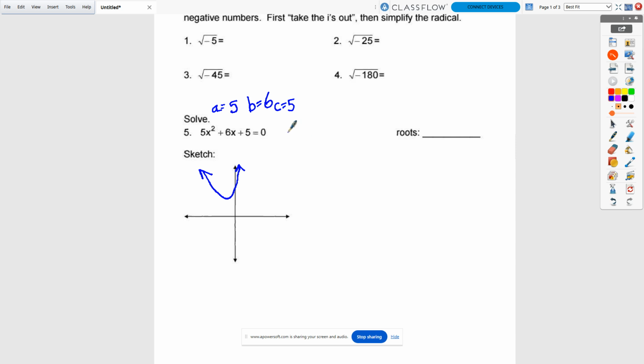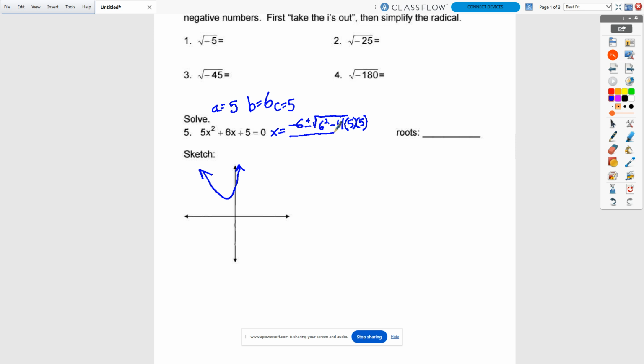So let's work that out and simplify it. x equals -b, so -6, plus or minus the square root of b squared, so it'll be 6 squared, minus 4 times a, which is 5, and times c, which is 5.